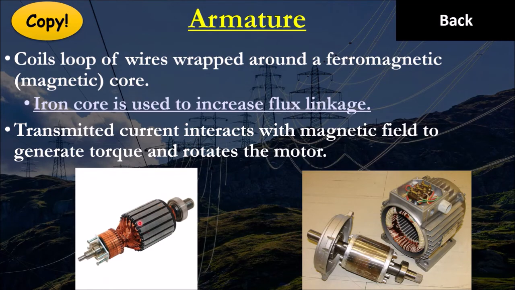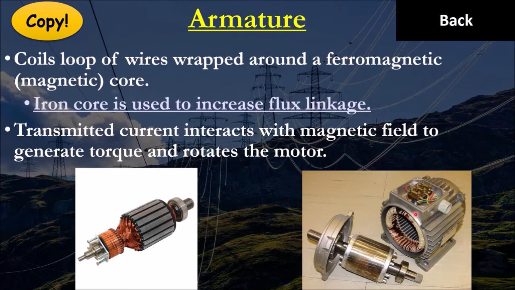As you can see in this picture down here, there's a couple of cuts. That is the lamination that's happening. Remember, that's to reduce the amount of eddy current, which we'll talk a little bit more about down there. Essentially, the current interacts with the magnetic field to generate torque and rotate the motor. So we need current going through these wires, and it needs to interact with the magnet of the stator.